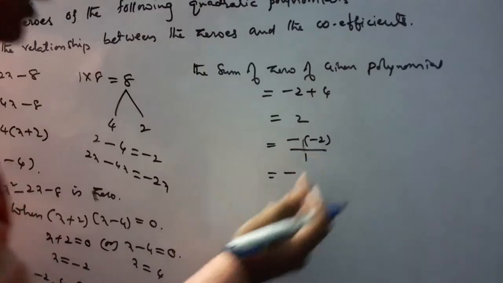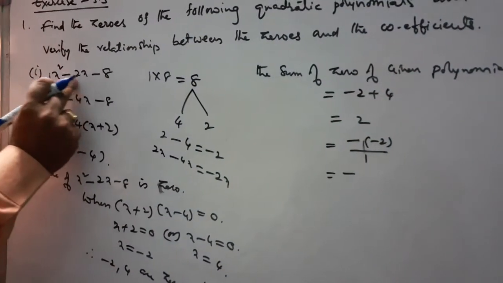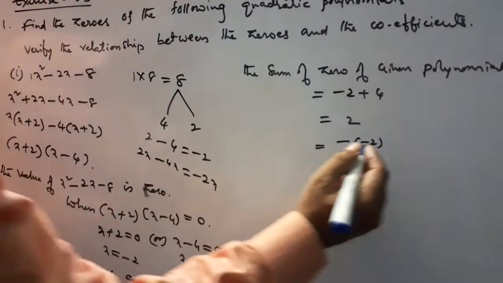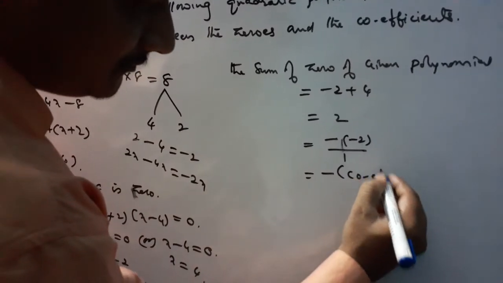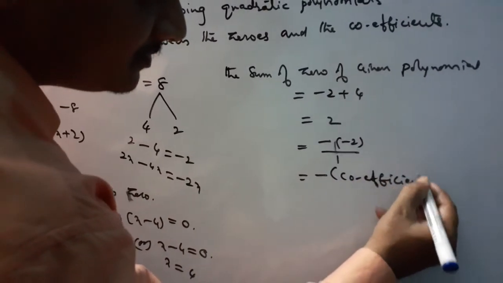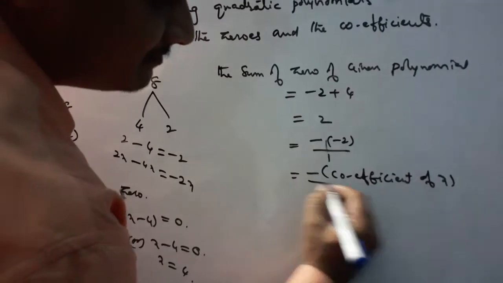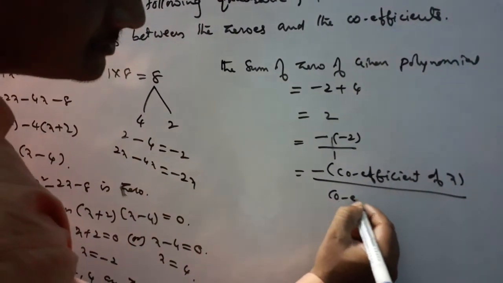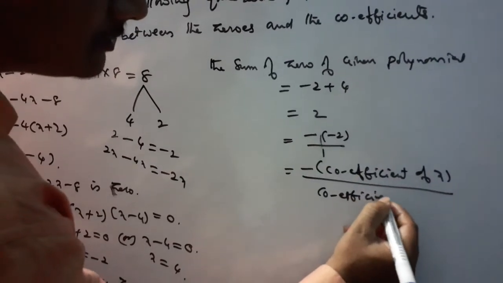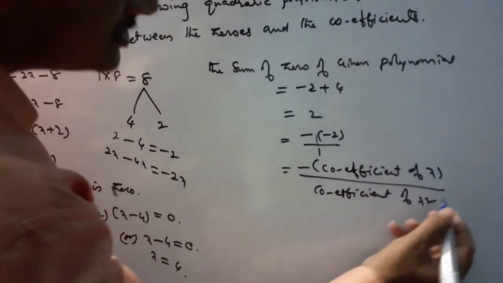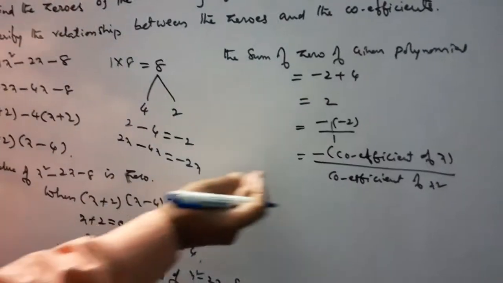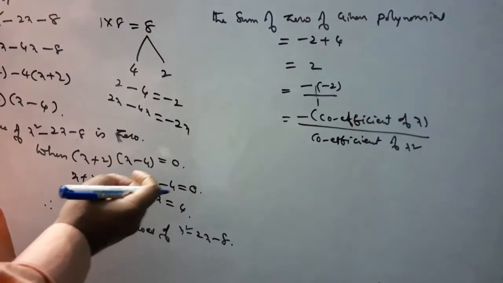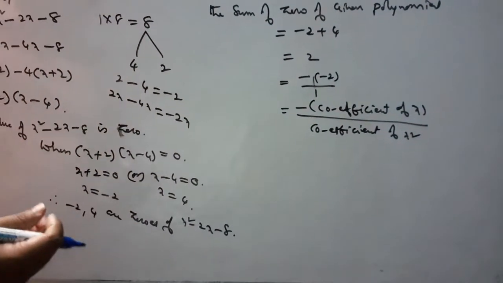Here minus 2 is the coefficient of x, and 1 is the coefficient of x square. So the sum of the zeros is equal to minus coefficient of x by coefficient of x square.